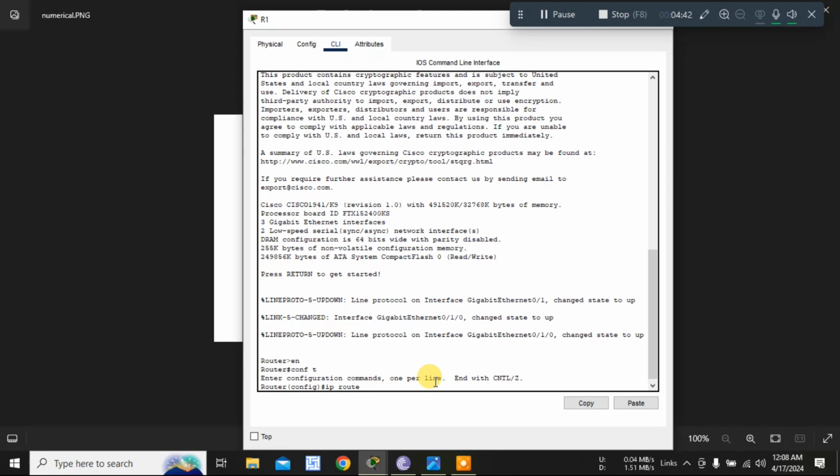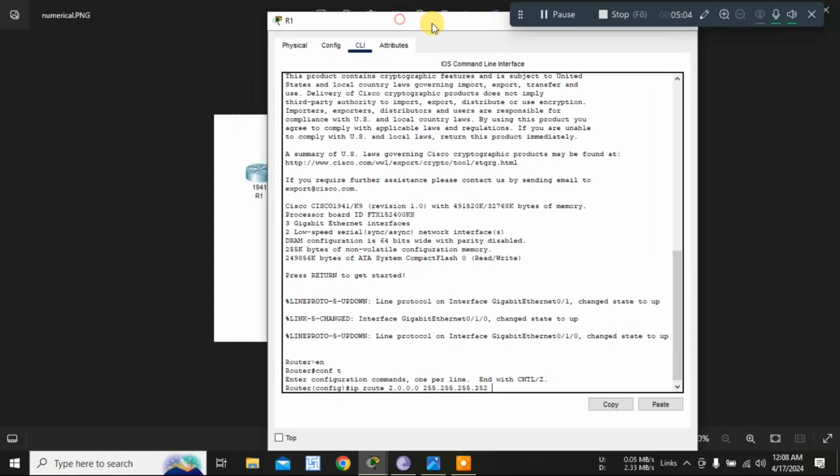So I'll write ip route 0. In OSPF I have to provide the wildcard mask, but here I have to provide the subnet mask. Okay, via, so let me show you in the diagram.